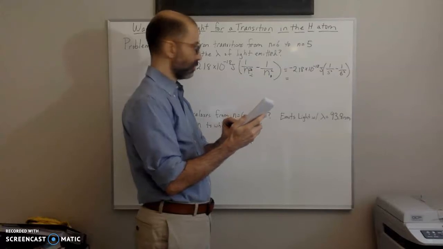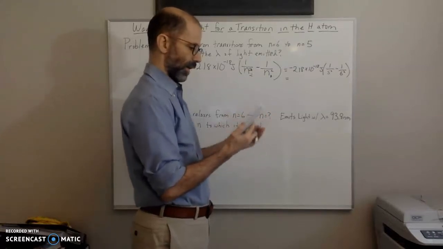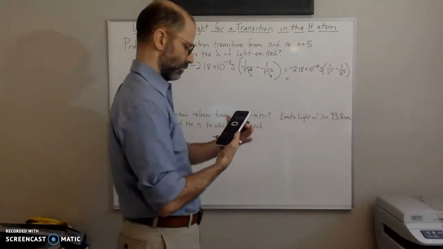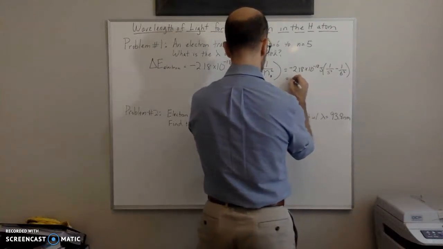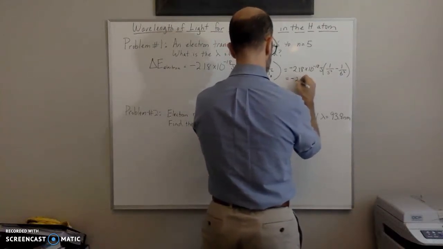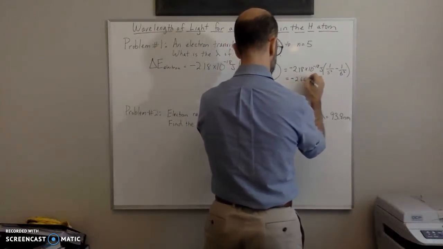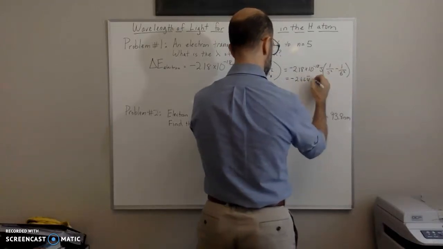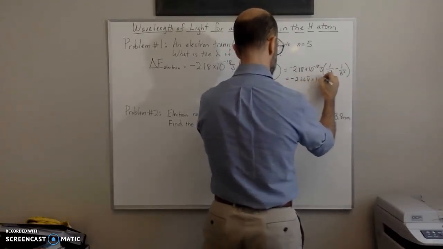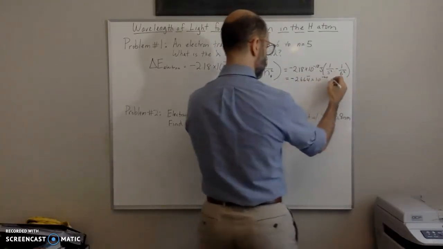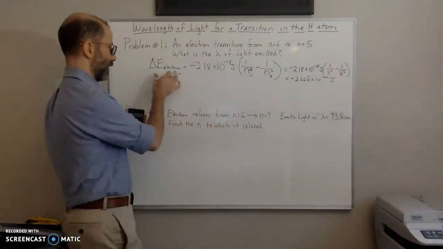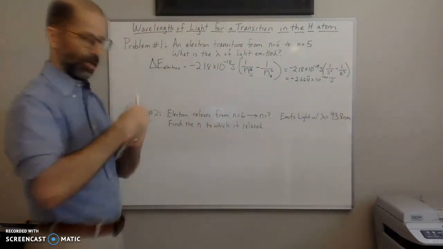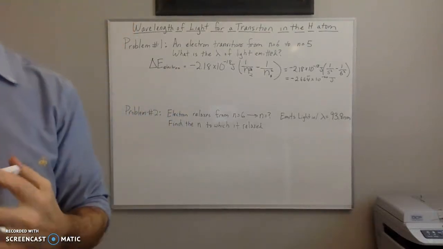That gives us negative 2.664 times 10 to the negative 20 joules of energy. So that's the change in the energy of our electron.